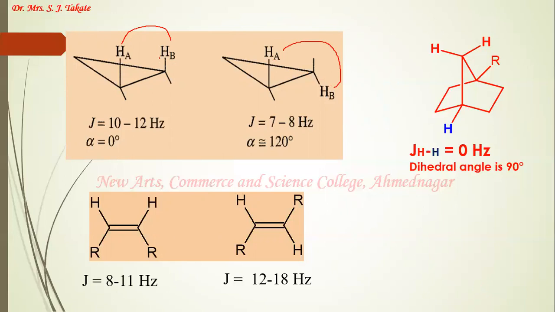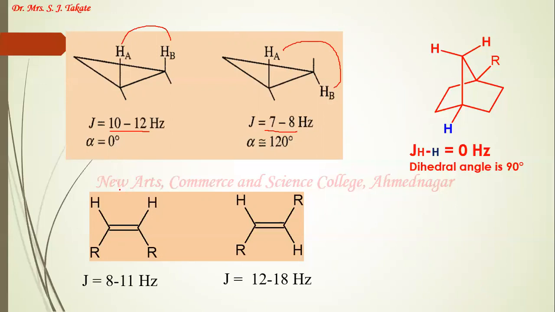If they have a 0-degree dihedral angle, that is they are cis to one another, then we can get the large coupling constant value, 10 to 12 hertz. And if they are trans to one another, the coupling constant value is smaller, around 7 to 8 hertz. But as they are trans, the dihedral angle is not 180 degree, it is 120 degrees. So the coupling constant value is intermediate here.